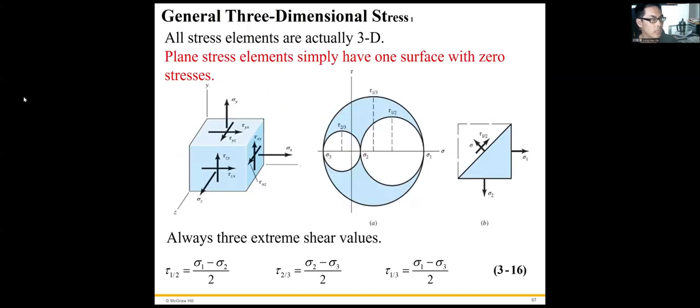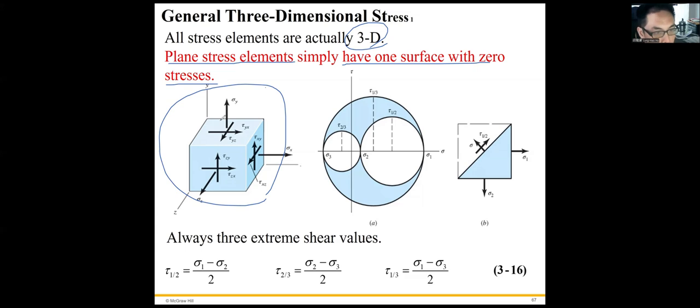So let's look into the real case, that means the three-dimensional stresses. For plane stress, elements simply have one surface with zero stress. So in the real case, what should it look like if we plot this in 3D? Suppose we have the same infinitesimal element.